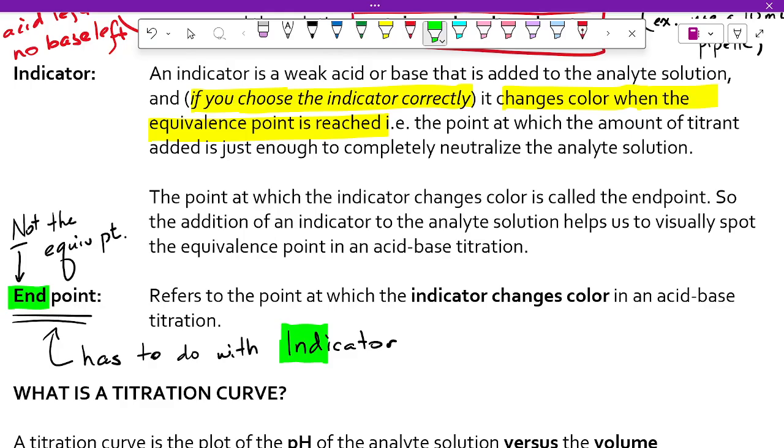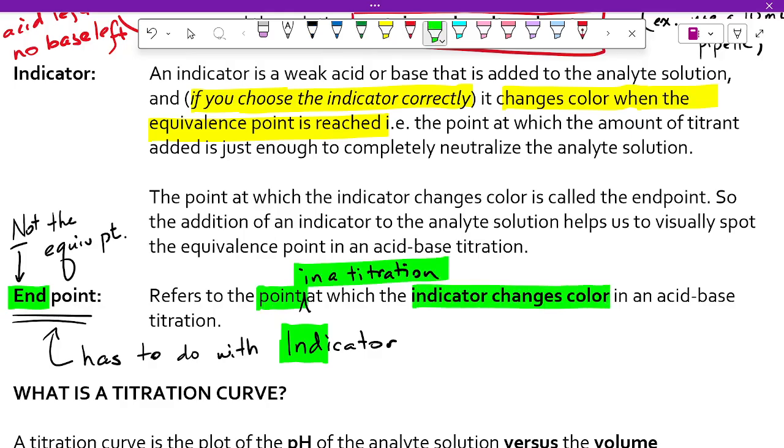It is the point at which what happens to the indicator? It changes color. I should say it refers to the point in a titration, because we can also call the point at which an indicator changes color the transition point, but that just refers to the indicator. It doesn't have to be during a titration or anything like that. The end point is specifically the point in a titration at which the indicator changes color.